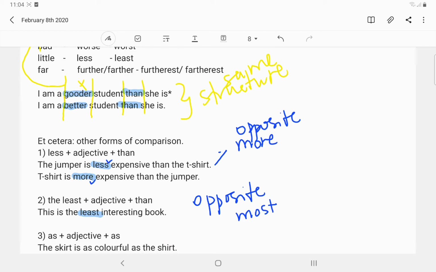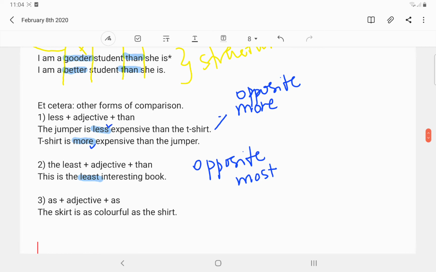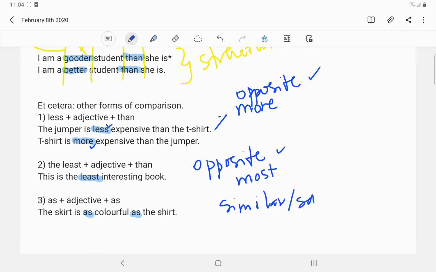So maksud dia adalah sama. The skirt adalah sama je colourful macam t-shirt. Okay, kita tengok balik. Yang ini adalah opposite, yang ini adalah opposite, yang ini adalah similar ataupun sama. Perbandingan yang sama. Ni nak cakap benda tu sama.